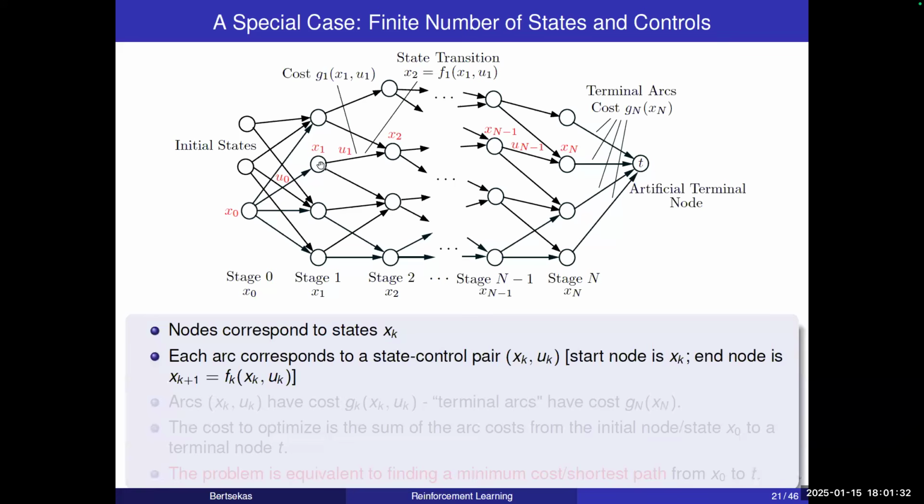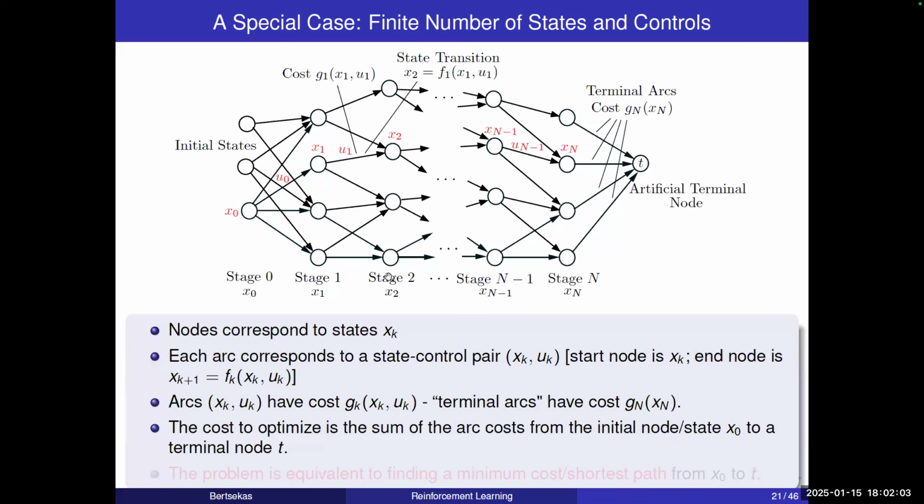For states in adjacent stages, we can draw an arc that represents a control, where the initial state xk and the next state xk plus 1 satisfy the system dynamics equation. So the arc represents the corresponding control.